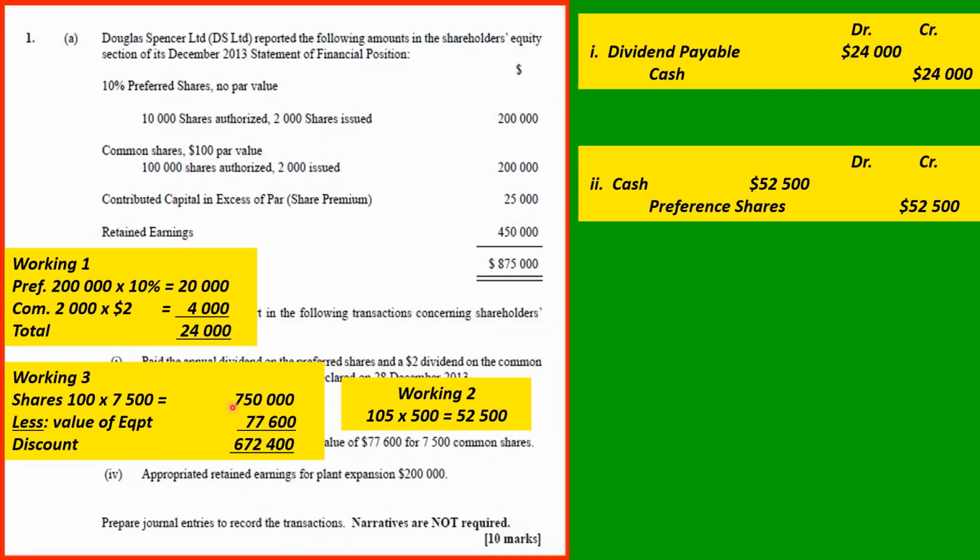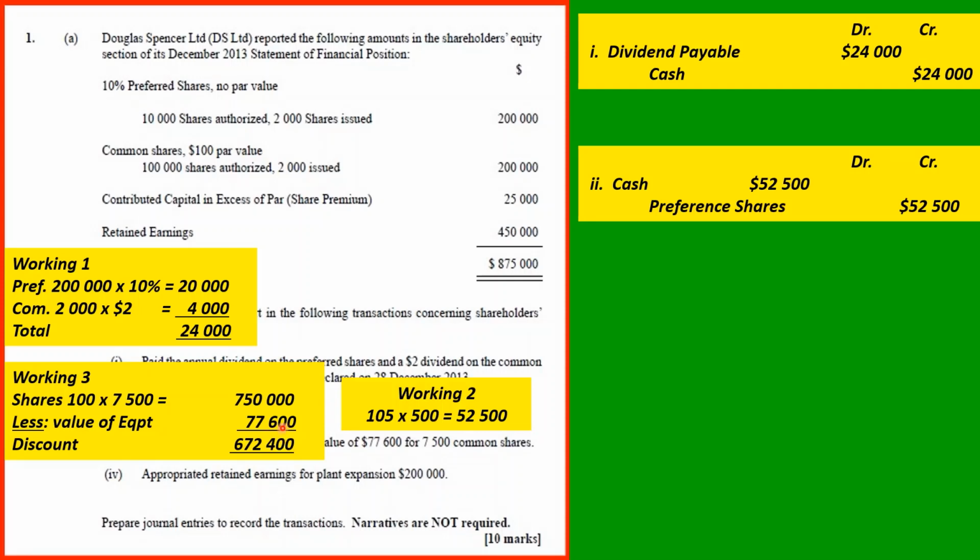We are paying $750,000 for equipment worth 77,600. So it means we have a discount of 672,400 that we are giving to our new shareholders.